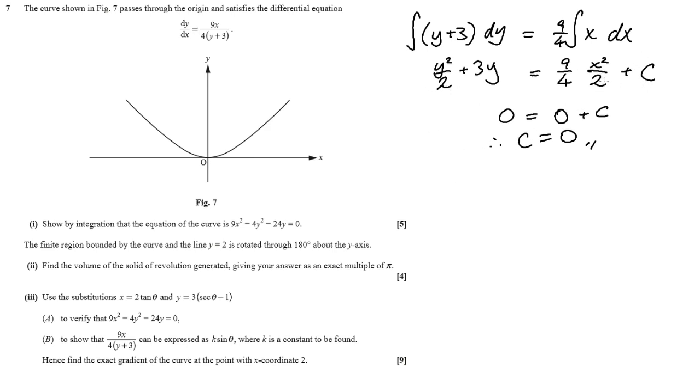Then if we go back to this equation, multiply everything by 8, we should get on the left-hand side 4y² plus 8 times 3, 24y, equals 9 lots of x². C is 0, so we didn't put it down, and by rearranging this towards the right-hand side, we get the desired equation.